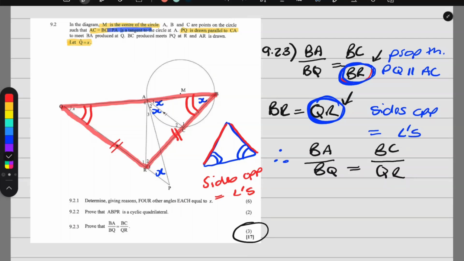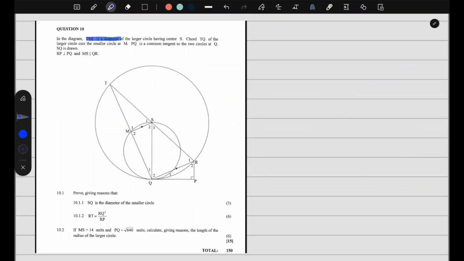And that's question 9. Look at question 10. It says TSR is a diameter of the larger circle. So there are two circles here. There's the larger circle and the smaller circle. And then it says chord TQ of the larger circle cuts the smaller circle at M. Okay.